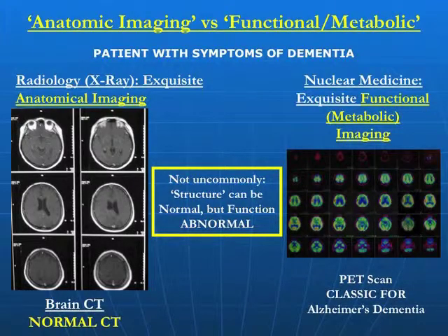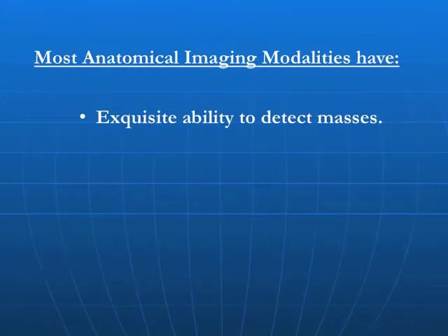And here is the strength of the functional imaging side, and this is what nuclear medicine is very good at, imaging physiology. This is the corresponding PET image, an FDG PET scan of this patient, with a normal anatomical study, but a very abnormal PET scan which shows classic changes of dementia. And so by combining the power of these two and using them appropriately, we really have an amazing ability to do lots for patients.